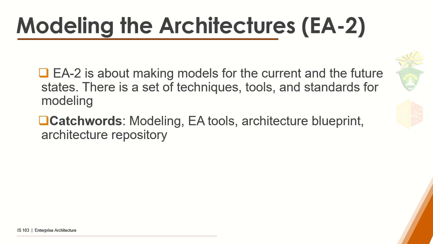So the second core activity of enterprise architecture is modeling the architecture. So this is about making models for the current and the future states. There is a set of techniques, tools, and standards for modeling. So in this activity, the catchwords are modeling, EA tools, architecture blueprint, architecture repositories.